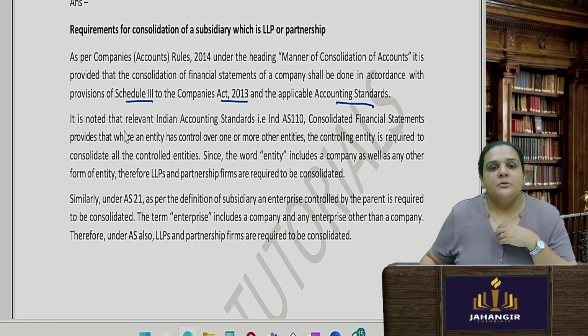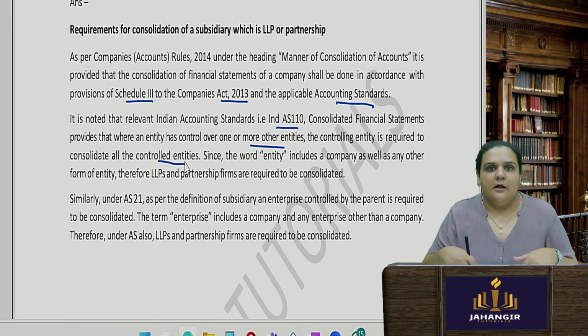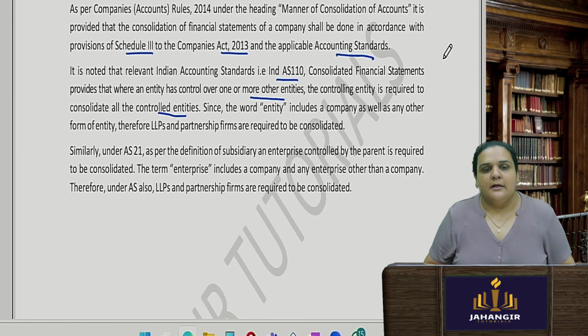Okay, it is noted that relevant Indian Accounting Standard 110, consolidated financial statement, provides that where an entity has control over one or more other entities, then that controlling entity has to consolidate all the controlled entities' accounts. Okay, so entity includes a company as well as any form of entity. Therefore, even if it is an LLP or partnership firm, you are supposed to consolidate its accounts.